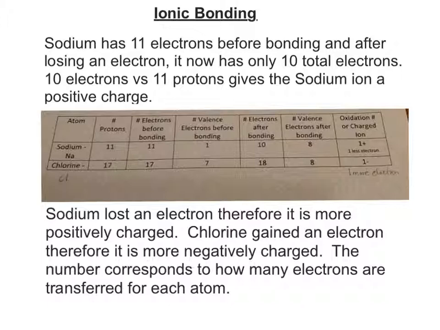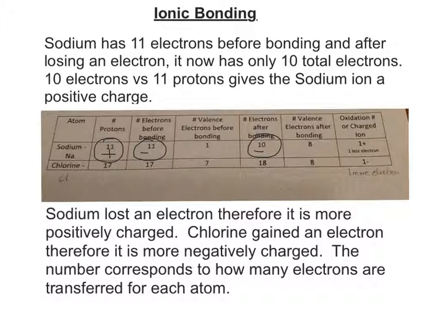Sodium has 11 electrons before bonding, 11 negative charges. And now, after bonding, it has 10 electrons because it lost an electron. So now we compare the 10 electrons to the 11 protons, or positive charges, and we ask ourselves, what do we have more of? Do we have more positive charges or negative charges?